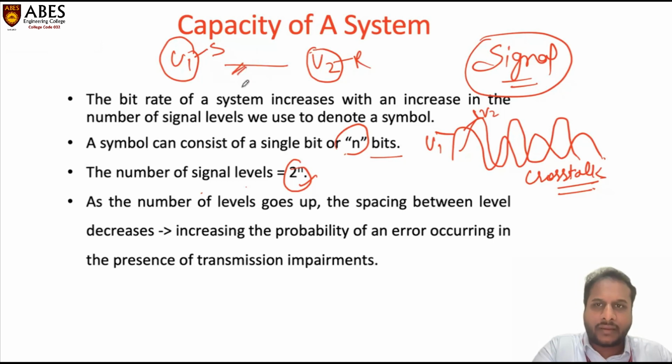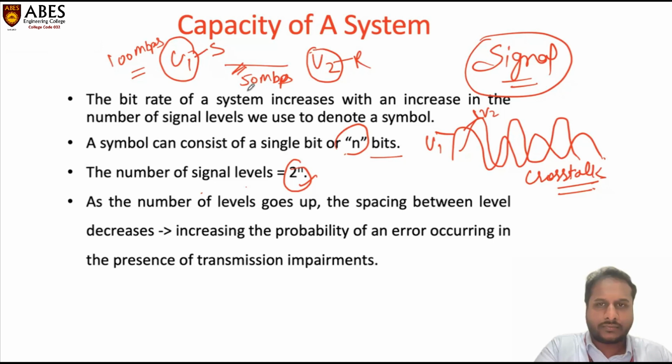And transmission medium has certain capacity beyond which it cannot go. So if it is demanding, suppose 100 Mbps, but the transmission medium can only give 50 Mbps at max. So whatever speed you are sending above 50 Mbps, it won't consider. That is why there is a certain limit by which we can increase the bandwidth of a system.